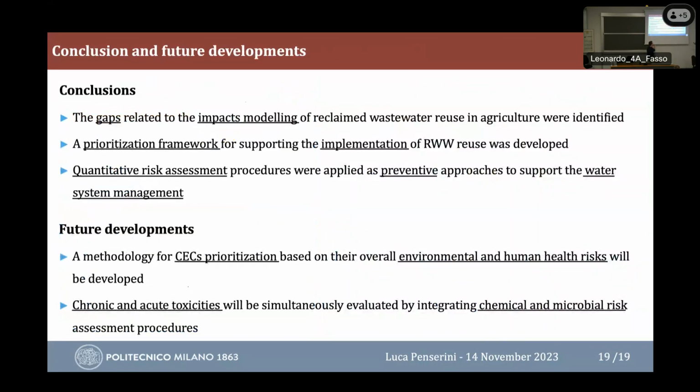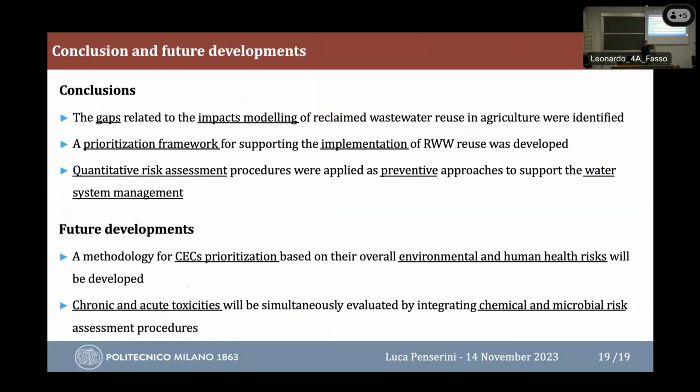And so, to wrap up and conclude, from the first task, we identified the gaps related to wastewater use modeling. A prioritization framework for the implementation was developed, and it has been shown how quantitative risk assessment procedures can be used as a preventive approach to support the management of water systems.